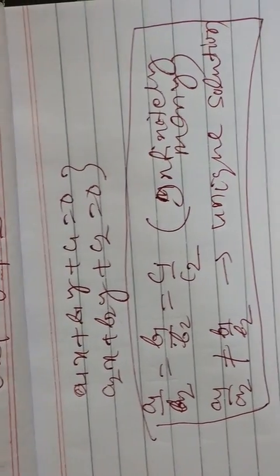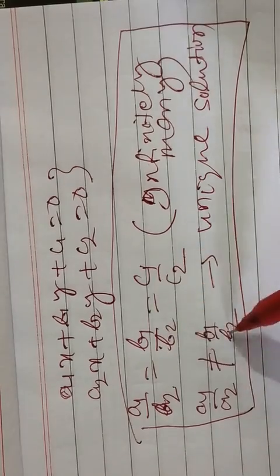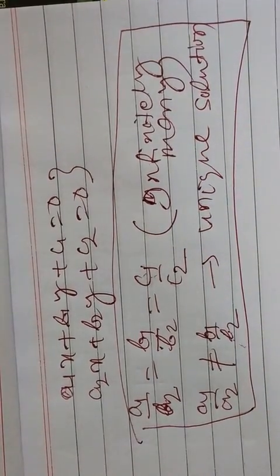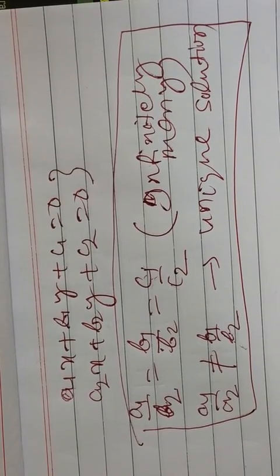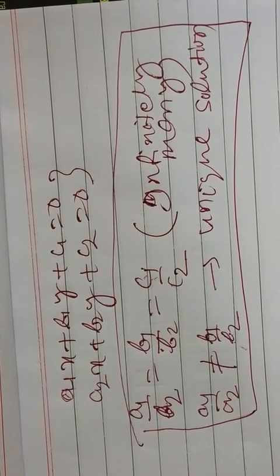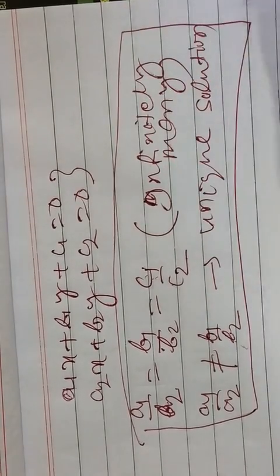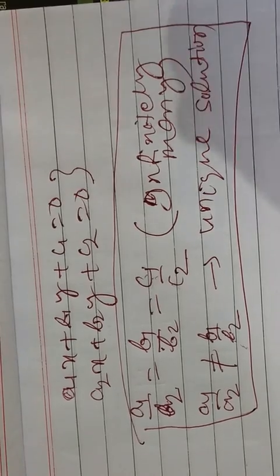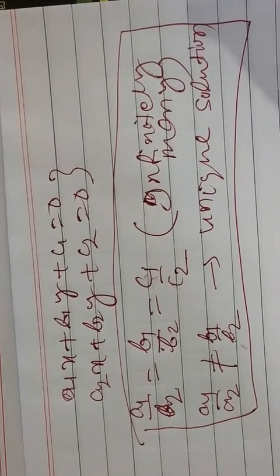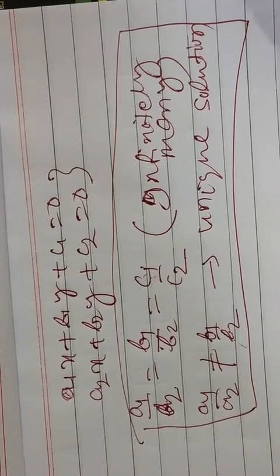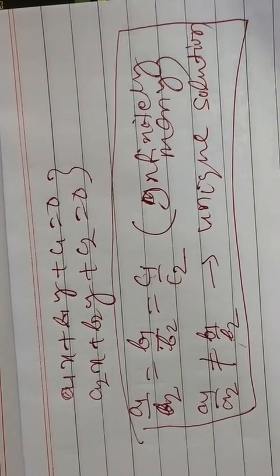And these things in your class 10 were derived either graphically or from the cross multiplication method, and that cross multiplication method is nothing but the application of determinants and matrices in solving systems of linear equations.